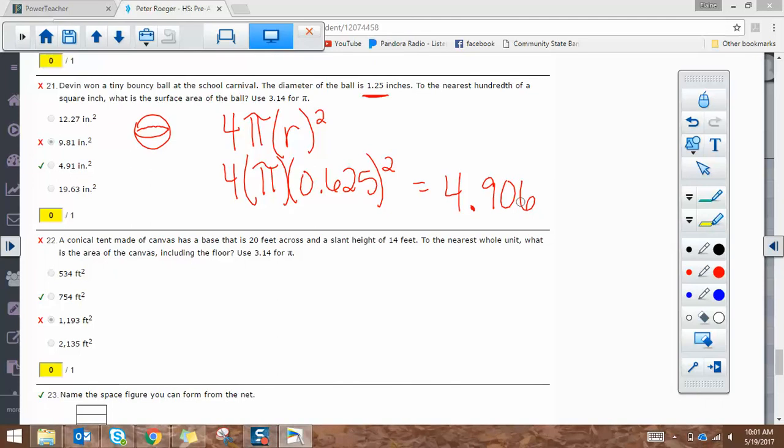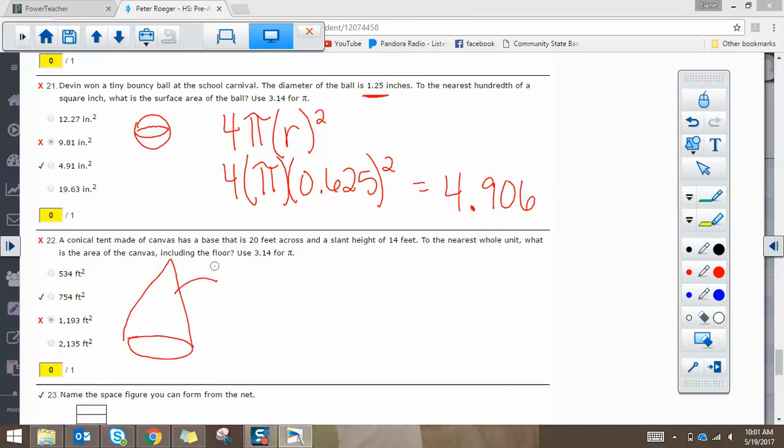Next one says a conical tent made of canvas has a base that is 20 feet across and a slant height of 14 feet. What is the area of the canvas, including the floor? So again, it's going to be a cone. And you have two formulas.